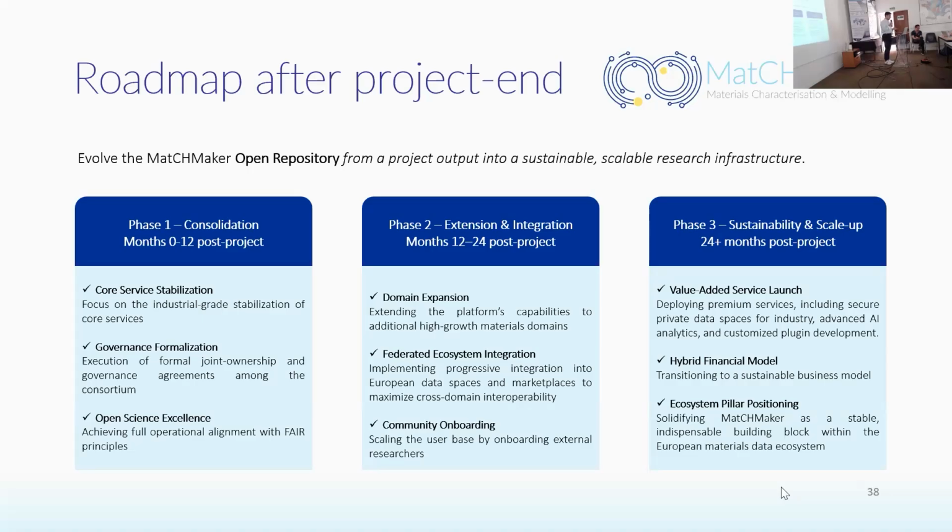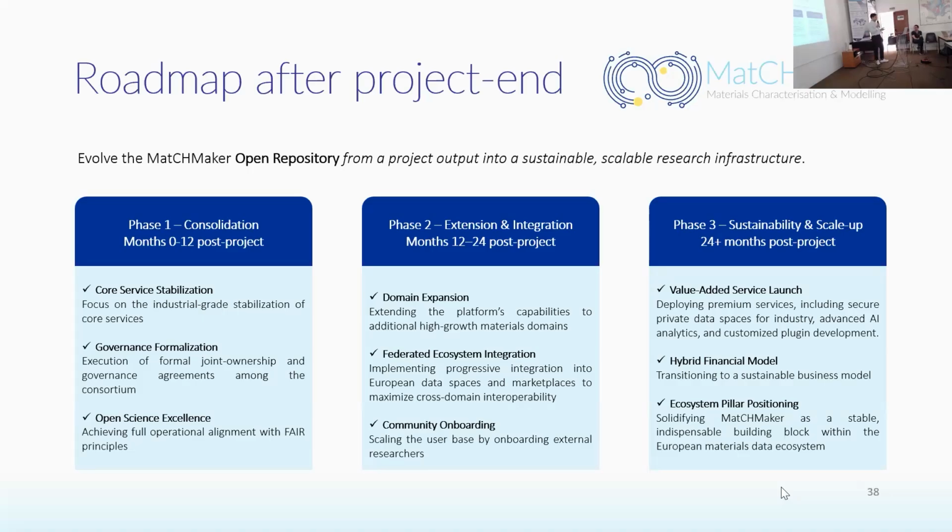In the second phase, the one that will go through the second year, more or less, it will be the chance to get a sort of domain expansion. So what it means, the capabilities of the platform need to be implemented with, for example, additional high growth materials domains that we will see further in the presentation.